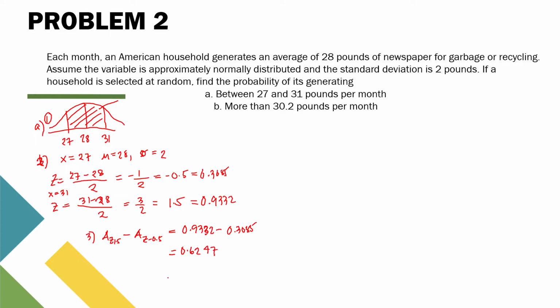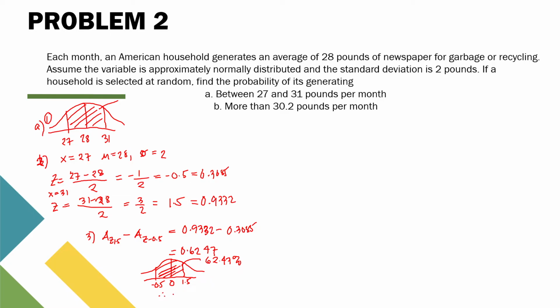So if we re-illustrate this one, this is the mean, and this is 1.5, and this one is negative 0.5. The area of this one is 62.47%. So that is the probability.